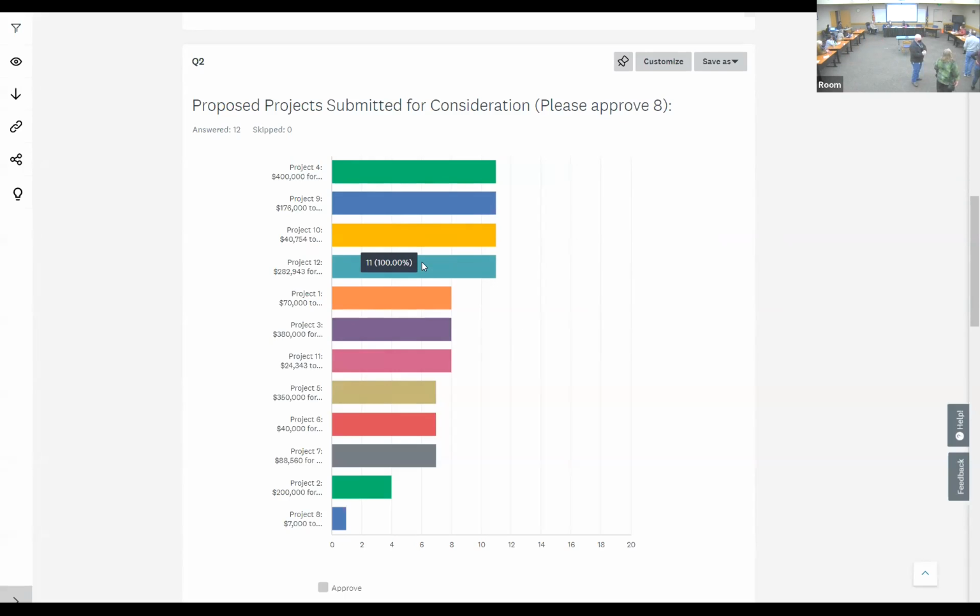Guys, so we're going to go through it and answer the question for each one. So the top four have 11 votes. So those four pass with clearly a 11 vote yes, if we were going around and doing it.